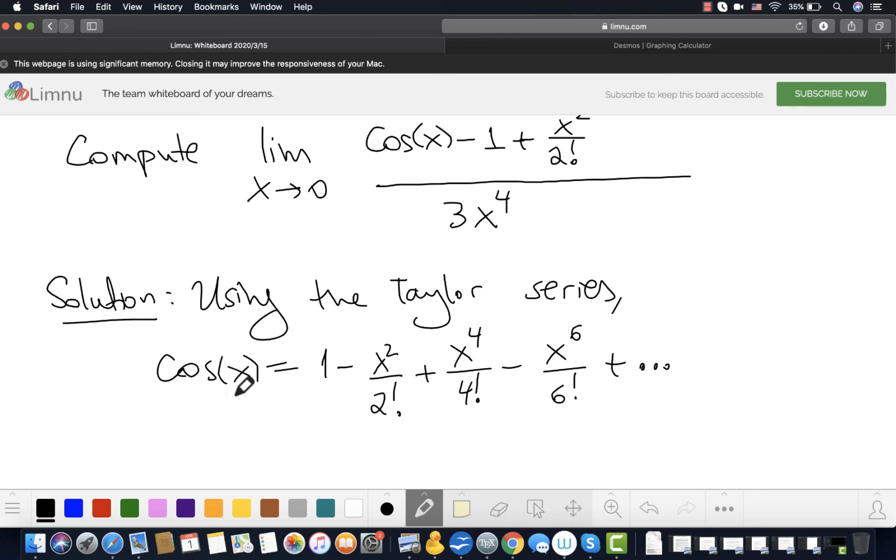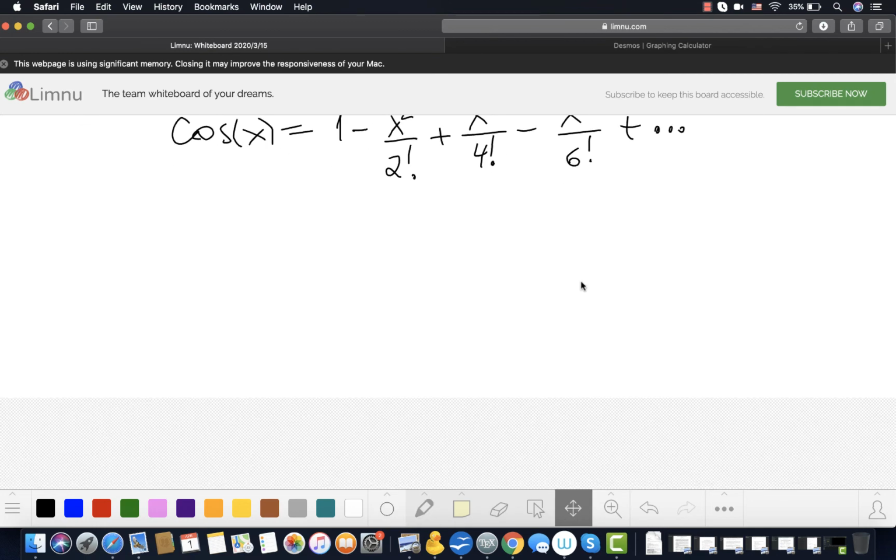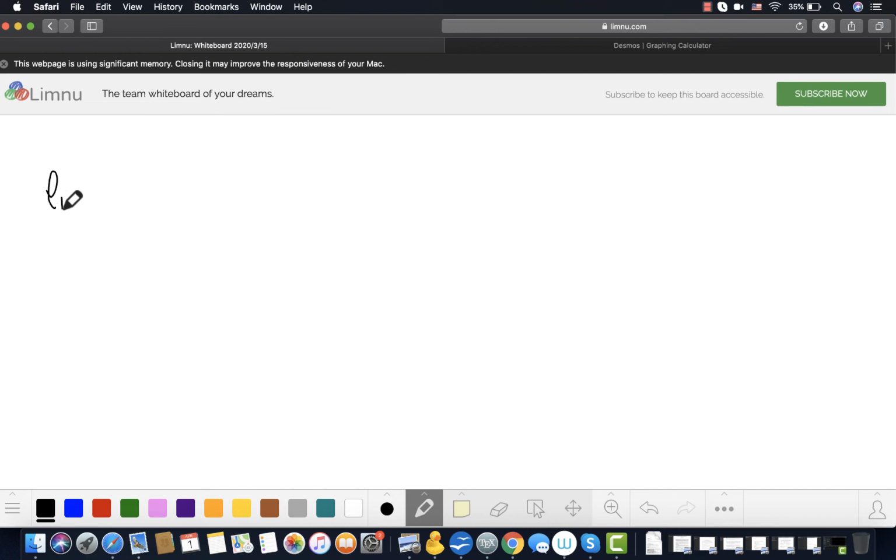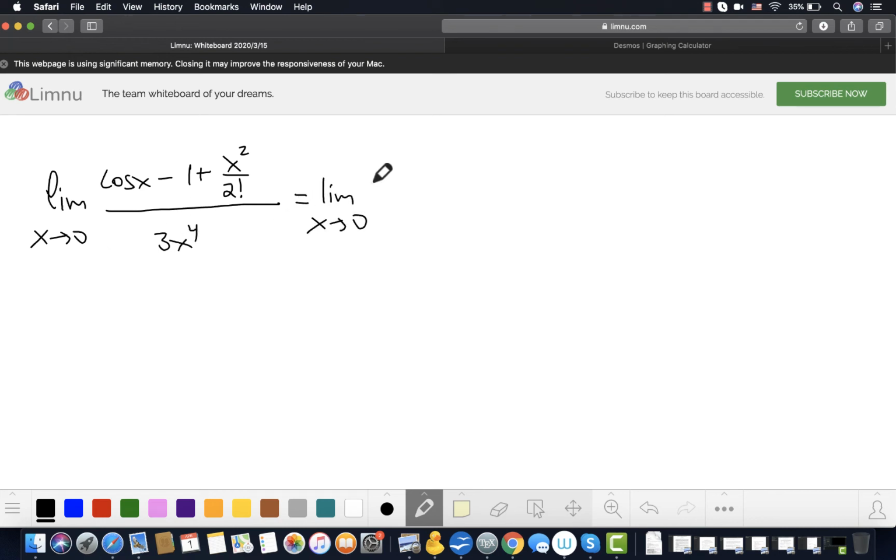Well, if you just replace cosine x with this expression in the limit, it'll make our lives easier. So the limit as x goes to 0 of cosine x minus 1 plus x squared over 2 factorial, divided by 3x to the 4th, is equal to the limit as x goes to 0 of the Taylor series for cosine x: 1 minus x squared over 2 factorial plus x to the 4th over 4 factorial minus x to the 6 over 6 factorial.